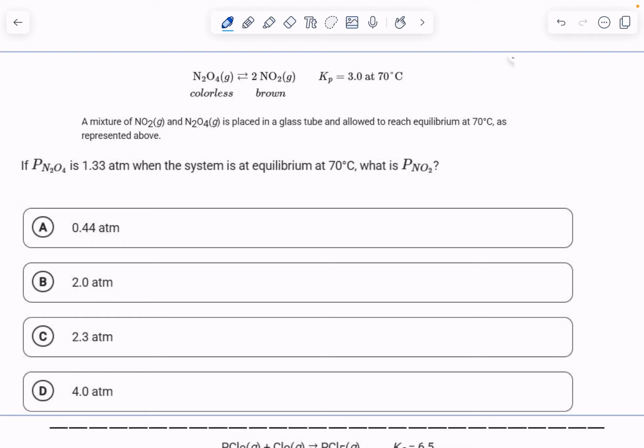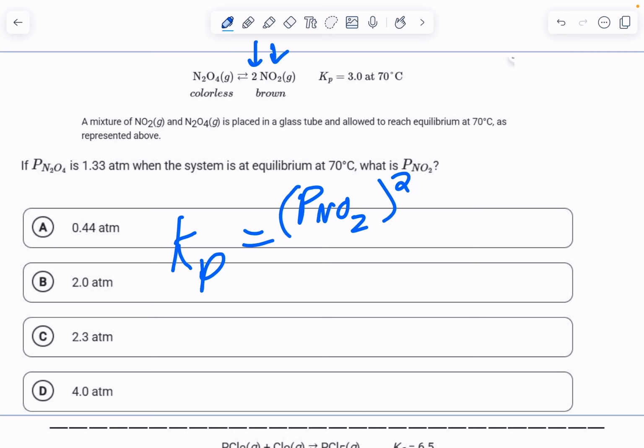the pressure of NO2? So first thing I'm going to do is set up my Kp, and that's going to be the pressure of my NO2, squared. I get that right here, my 2, because if there's a 2 in the front, it gets squared. And that will be the pressure of N2O4 on the bottom. Now that that's set up, I can plug in the numbers that I know.